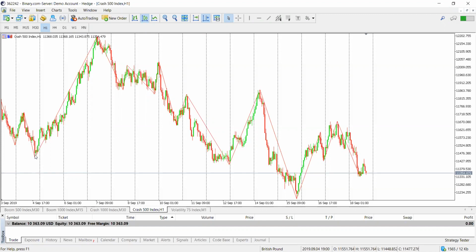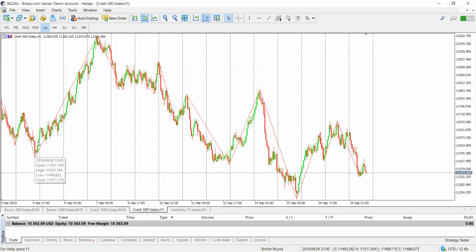Let's focus on this section here. When you look at the movement here, it started here on the low and it rallied up, and then there was a pullback, and then a higher high was formed.